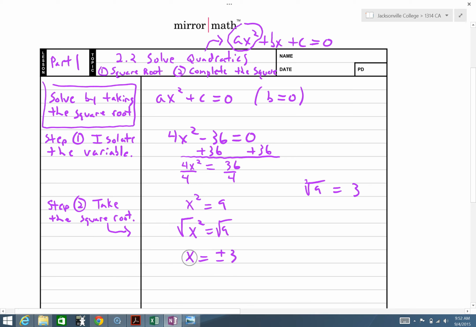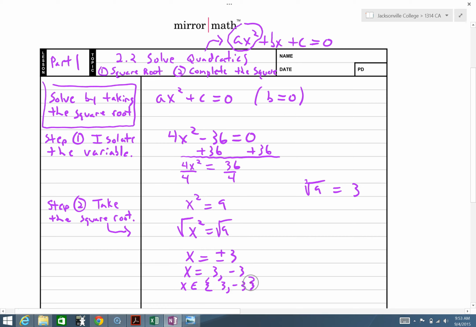We could write it in this form, x equals plus and minus 3. I could write it as x equals 3 comma negative 3, or I could say that x is an element of the set 3 and negative 3. These are 3 separate ways to write this, and any of these are satisfactory.